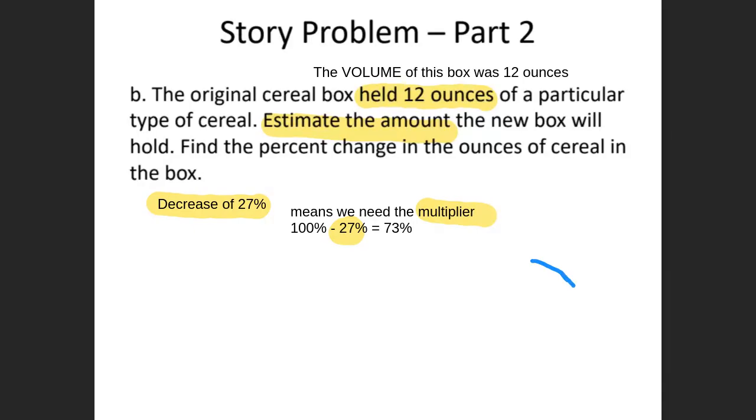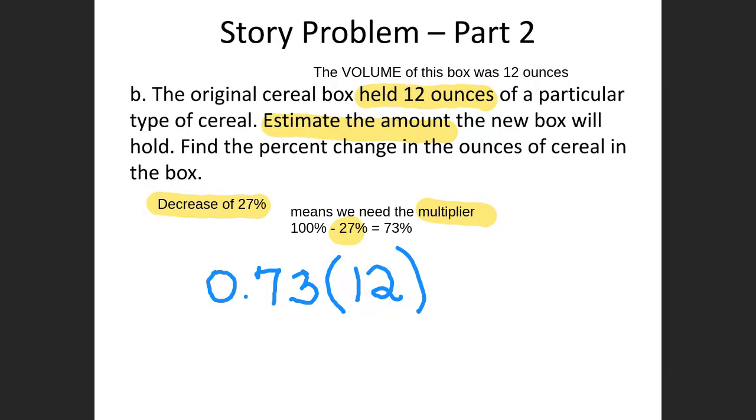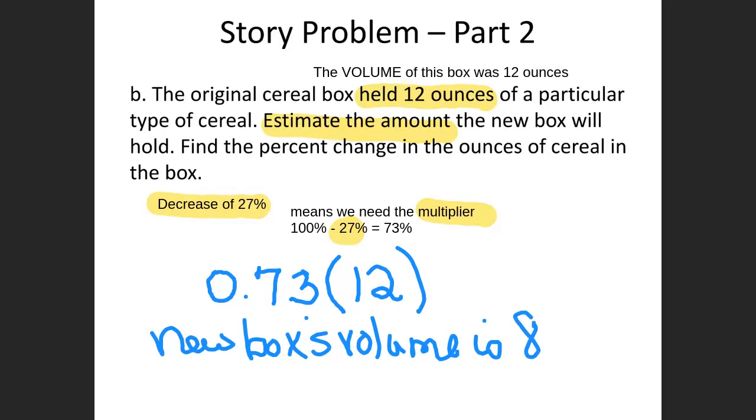and we are going to make it a decimal, which means this is 0.73 times the volume of the current box. 0.73 times 12 says our new box's volume is 8.76 ounces.